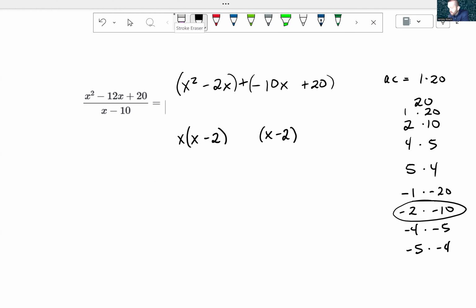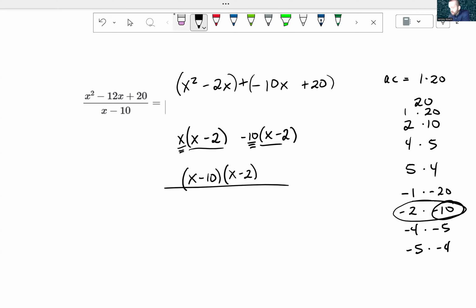That means to make -10x, we have to do minus 10. And that was our minus 10 there as well. And then -10 times -2 is positive 20. So now we're going to merge these. This is x minus 2, this is x minus 10. So that's the factored form for the numerator.